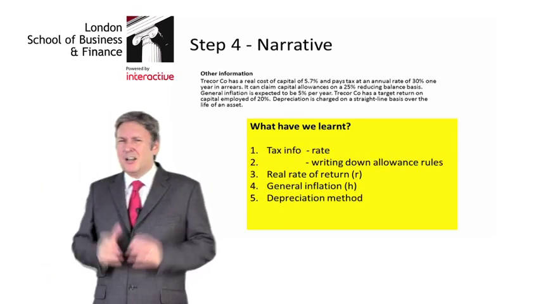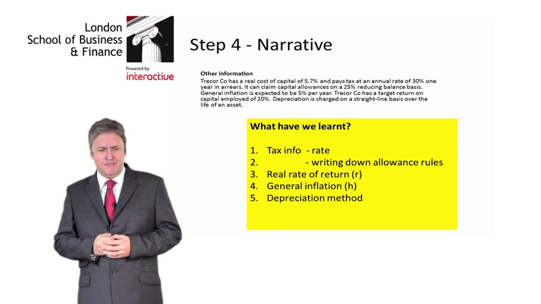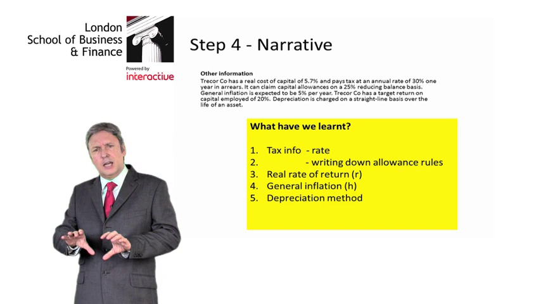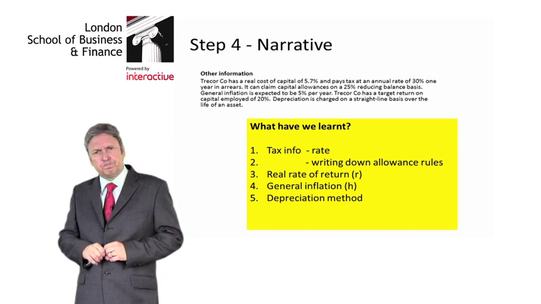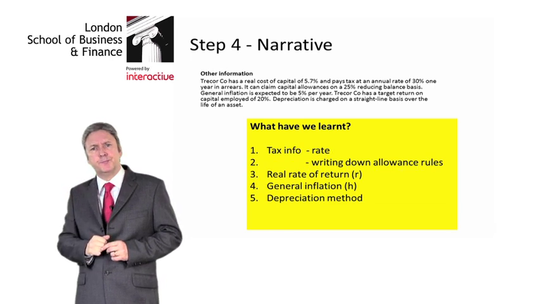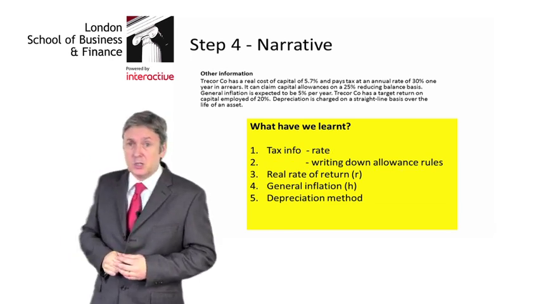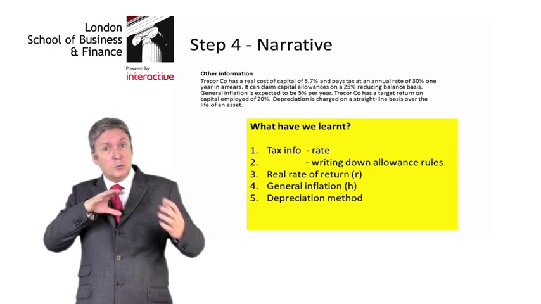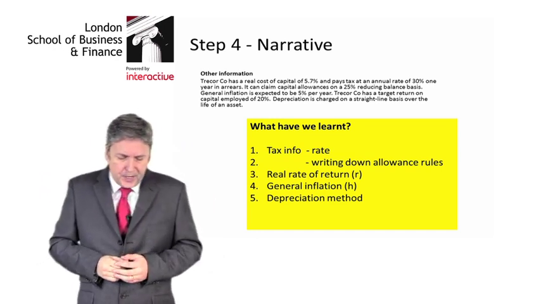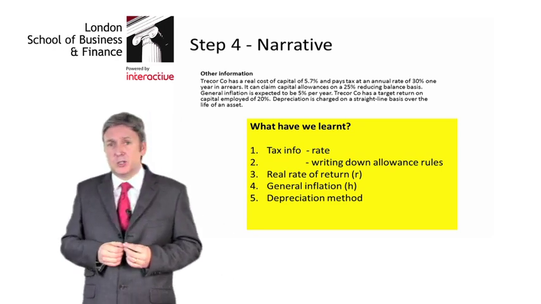Other information. Now, this is typical of your examiner in F9. What he tends to do is give you a whole host of junk at the bottom. And remember what I said earlier, individual paragraphs may relate to individual parts of the question. The other information at the bottom typically relates to almost all parts of the question, or can do. Tricor has a real cost of capital of 5.7%.